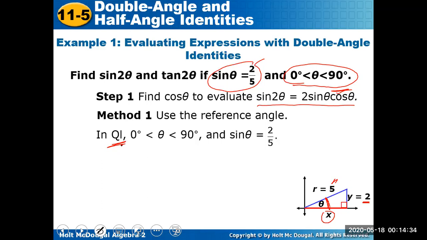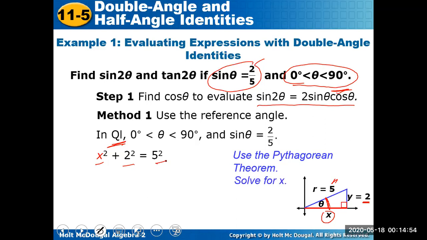So you have to draw the triangle in quadrant 1, then use the Pythagorean theorem: x square plus y square equals r square. Here our y was 2 and r was given as 5, and we can solve it. X square equals, the 2 square goes to the other side, so 5 square minus 2 square.